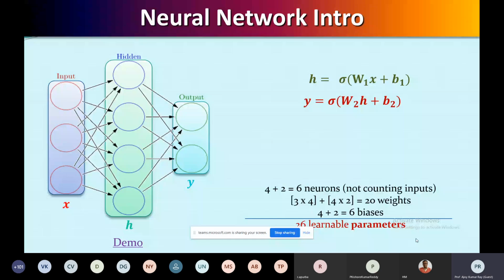The output layer should have a higher value for the top one, which is class 1, but if not, then there is an error. So that error is back propagated through these weight vectors to the hidden layer, and again from the hidden layer to the input layer. So this kind of neural network is known as error back propagation neural network.